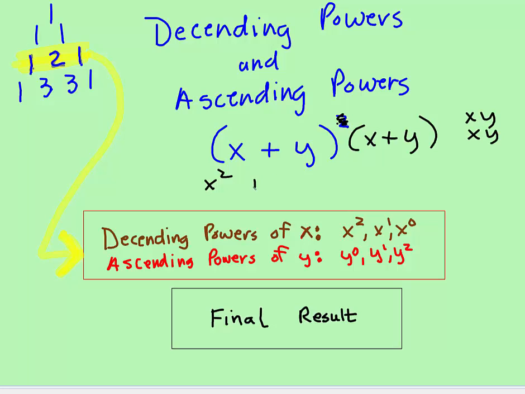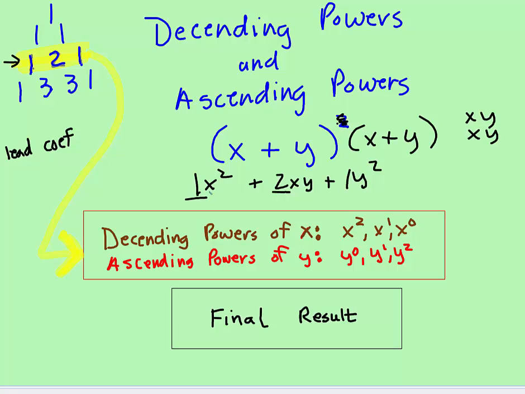Oh, look, there's two of them. And then y times y. Well, look at what you have. You have 1, 2, 1. So Pascal's triangle over here ends up being the lead coefficients for the terms.